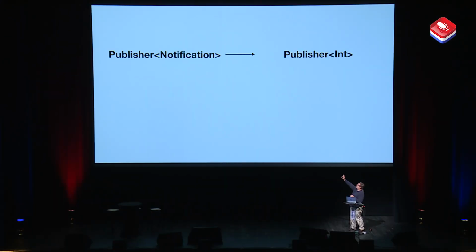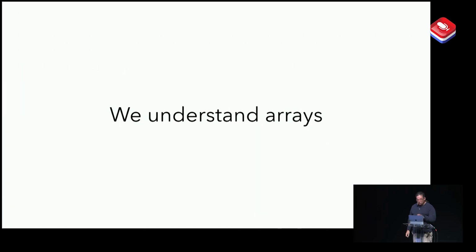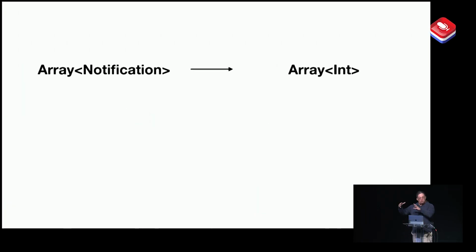Now, are you okay with generics? Good. I have a publisher that is sending out notifications, and I want to transform it. That operator in the middle, which is really the middle publisher, wants to send out ints. And we understand what happens with arrays. If I have an array of notifications and I want to map it to an array of ints, well, we don't write arrays that way.